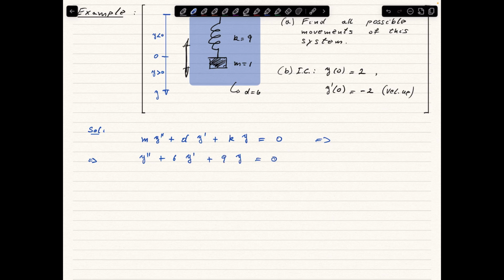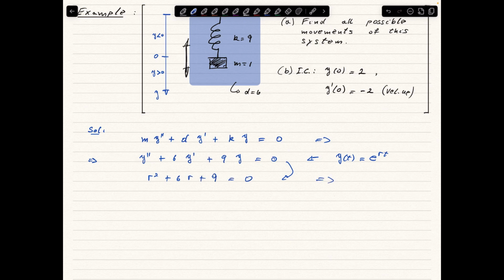So how do we solve this equation, constant coefficient homogeneous? Well, now we know. We guess that the solution is going to be an exponential e^(rt). We put it in there. We get the characteristic equation r squared plus 6r plus 9 equals 0.